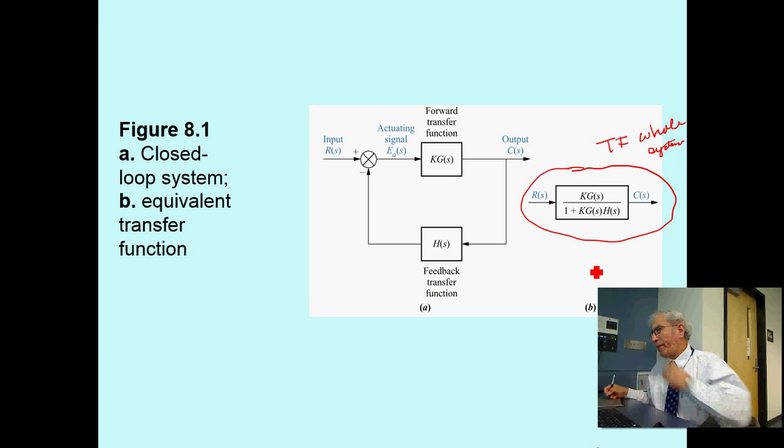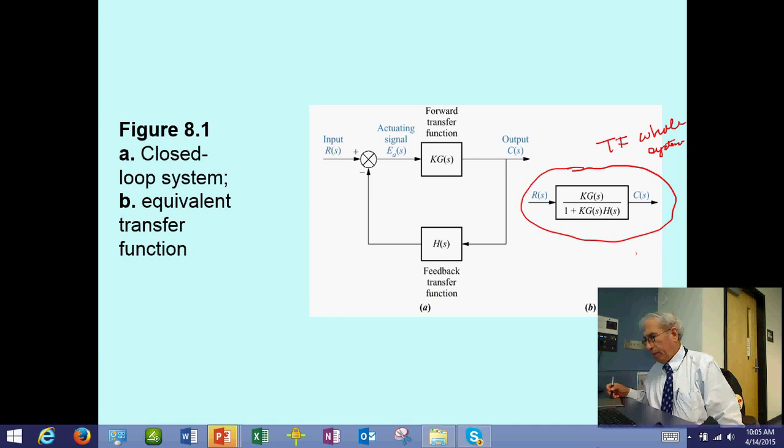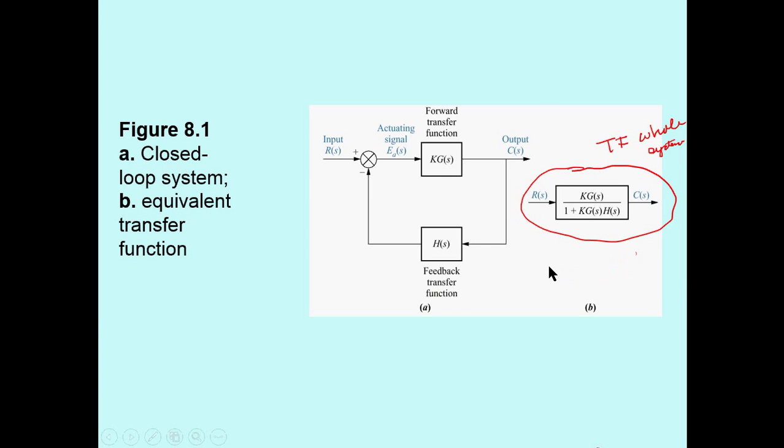So now we are going to study what happens to the roots of the characteristic equation of this, the so-called poles, and the zeros, which would be the roots of the numerator, and how that influences what we're doing. So let's just close here.